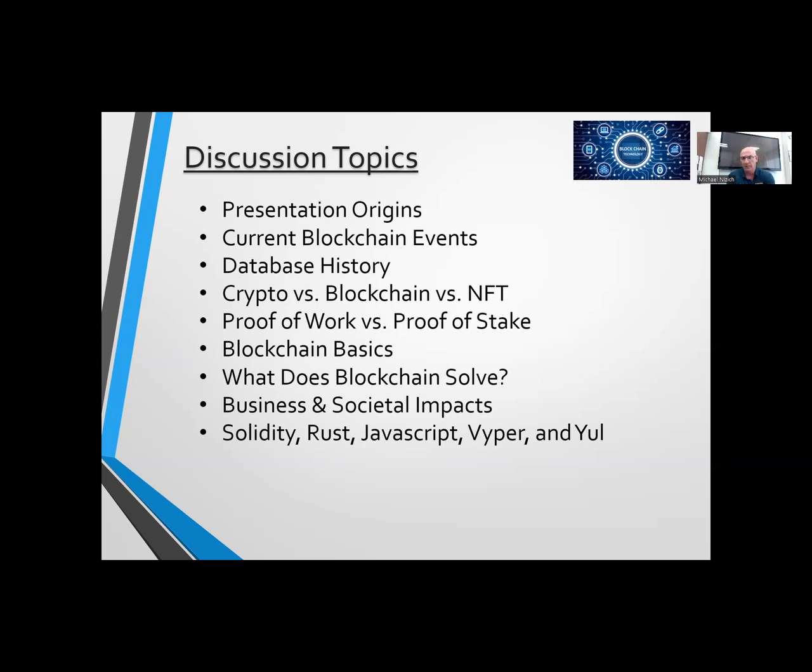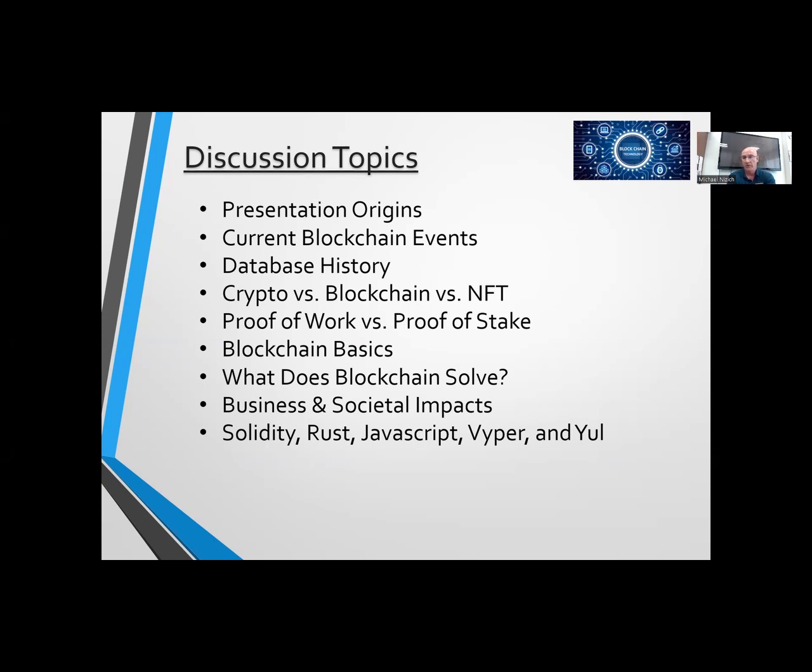And again, this is a high-level presentation for everybody, but we'll talk a little bit about proof of work and proof of stake and the differences. And then we talk about some blockchain basics, and how it works and what it solves. And also some business and societal impacts.